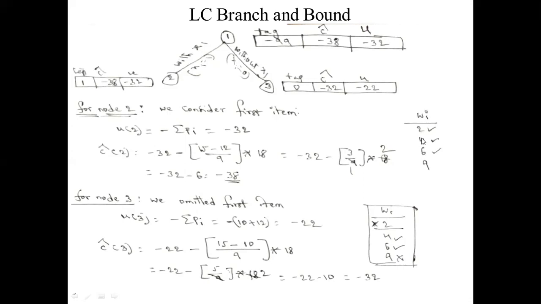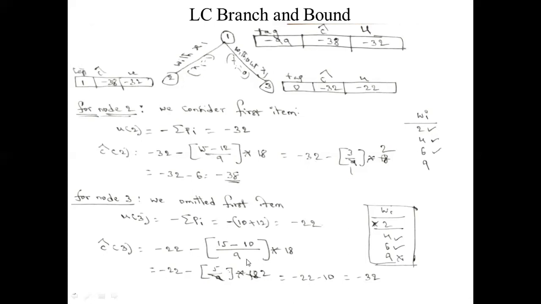The third element we can select, 6 plus 4 is 10, the capacity is 15. But can we select the fourth element? 6 plus 4 is 10, and if we include the fourth element it becomes 19, but the capacity is only 15, so we cannot select it. So this becomes a remaining element. Only the second and third elements can be selected. Their profits are 10 and 12, so minus the summation of pi, minus 22. So the upper bound is minus 22.